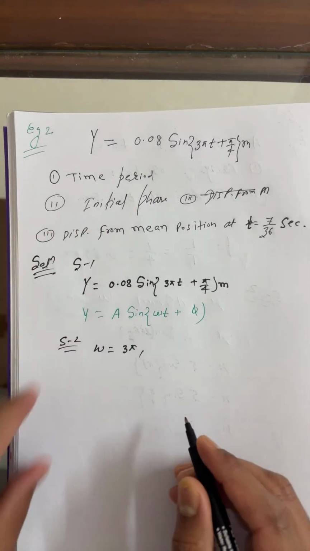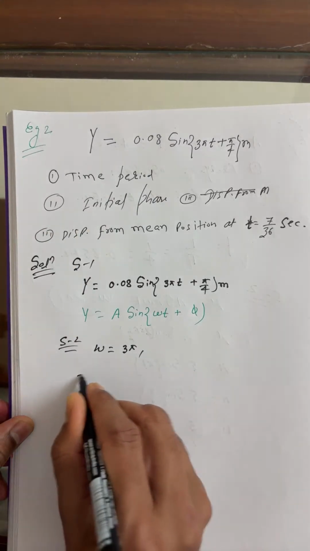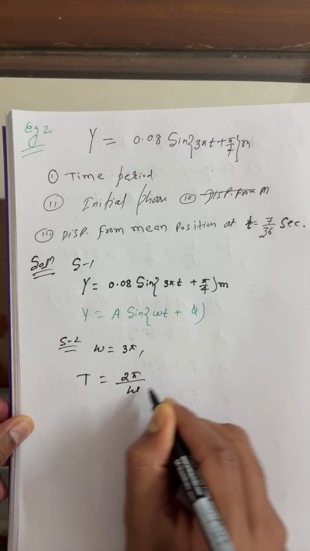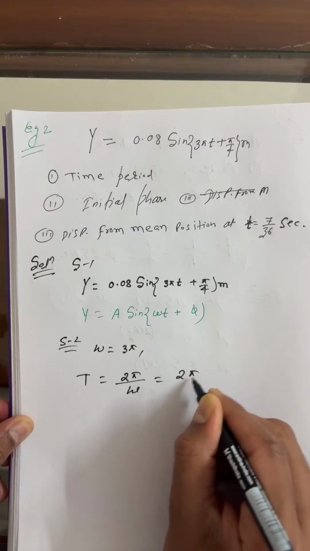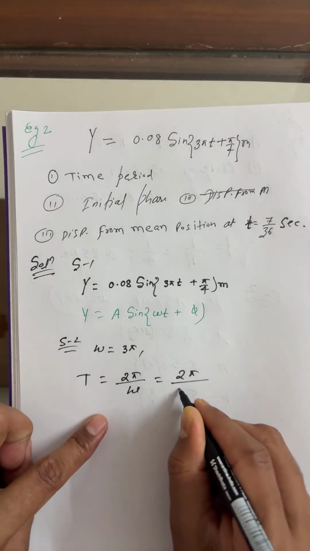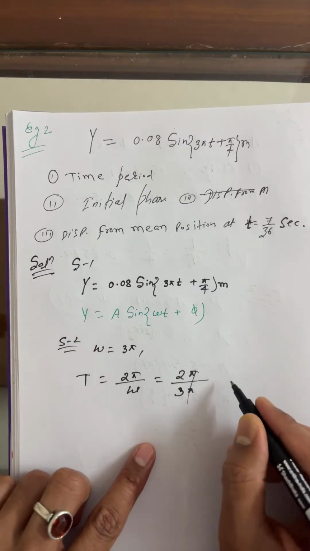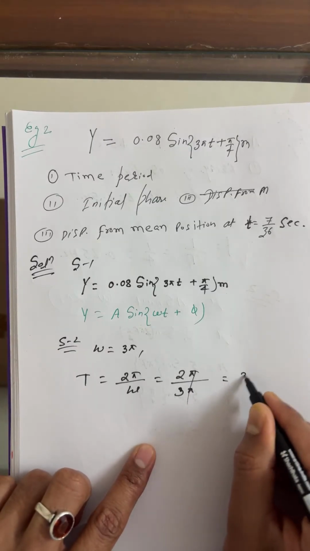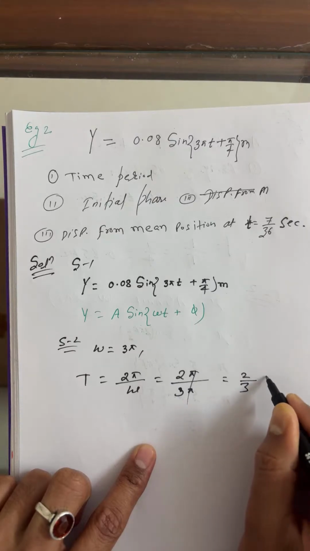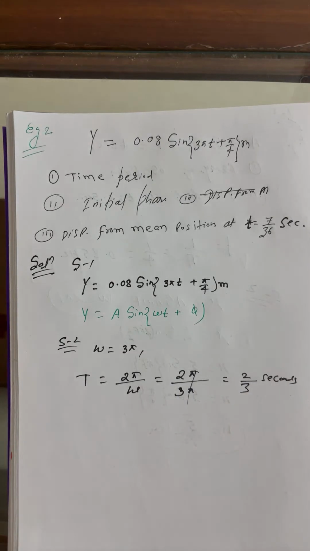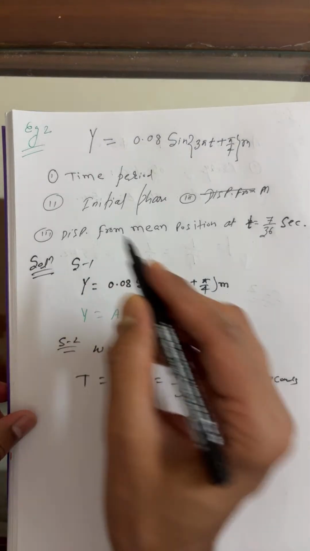Now we have to find the time period. Time period is nothing but 2 pi by omega. So 2 pi and omega is 3 pi, cancel here. So the time period is 2 by 3 seconds. The first part we have done.